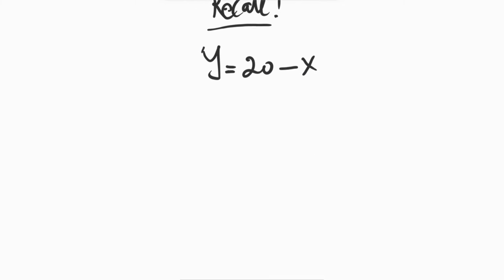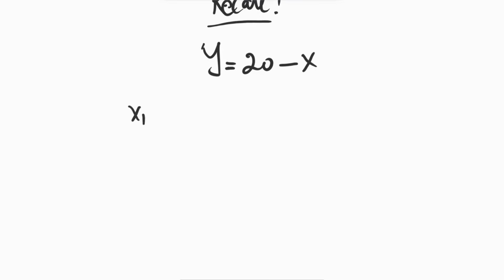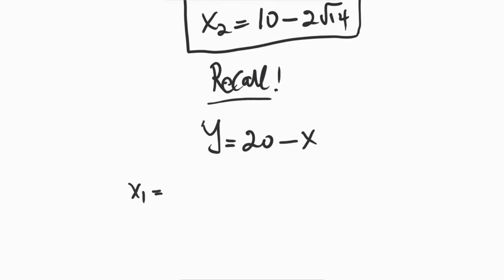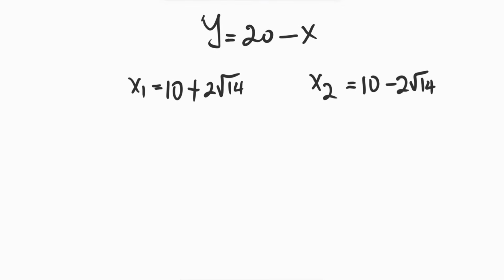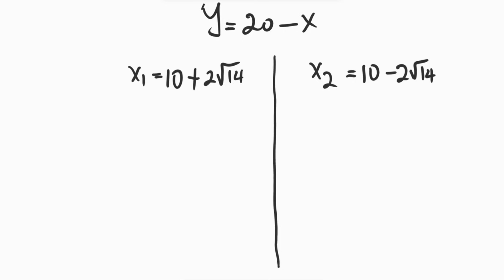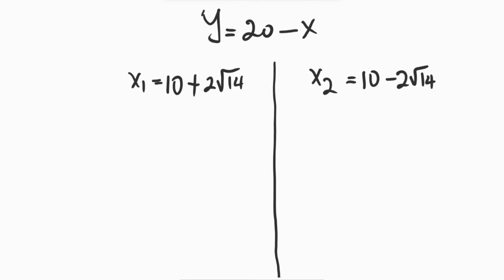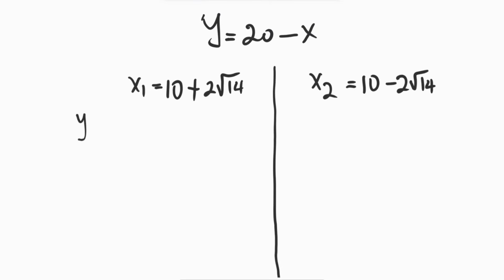So now we have x1 to be equal to 10 plus 2 root 14, and then we have x2 to be 10 minus 2 root 14. I'm just going to draw a line down here, and let's plug in our y's. So y1 is now equal to 20 minus 10 plus 2 root 14.